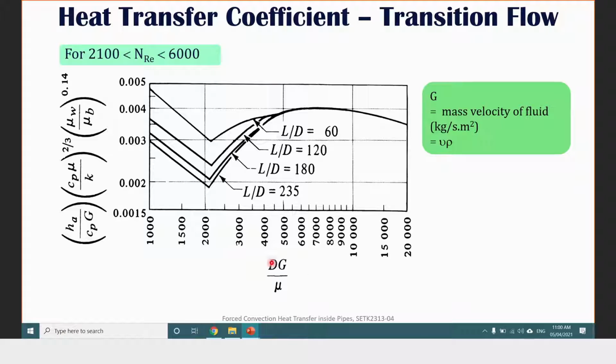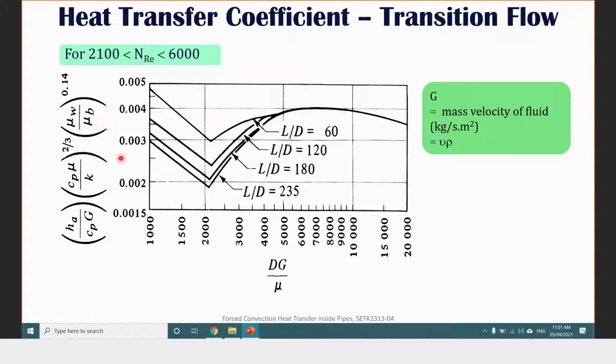If you have this, you can calculate the x-axis value. Then from the x-axis value, as long as you have the length of the pipe and the inside diameter of the pipe, you can use this. If, for example, the L over D that I have is 60, and I calculated DG over mu to be 3000, I can simply take a ruler and get the value here, and then from here get the y-axis value, maybe around 0.0035.